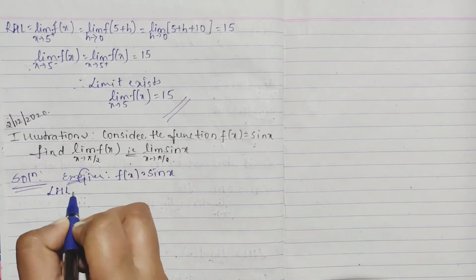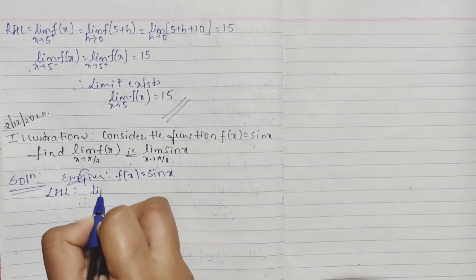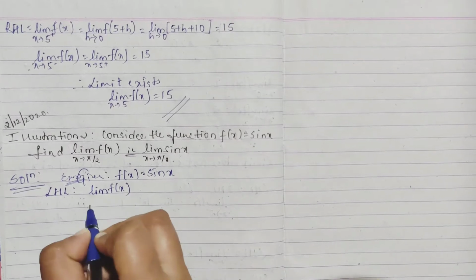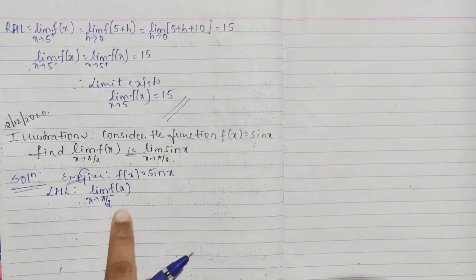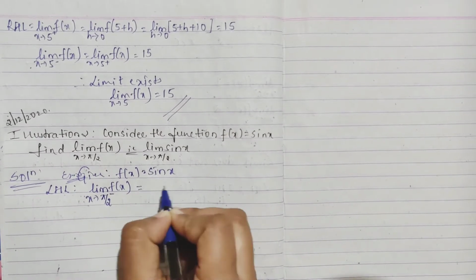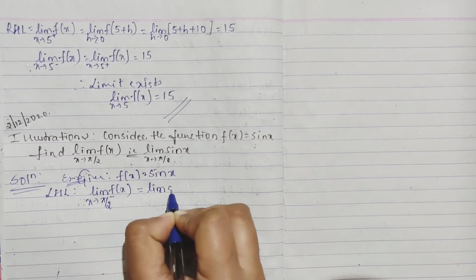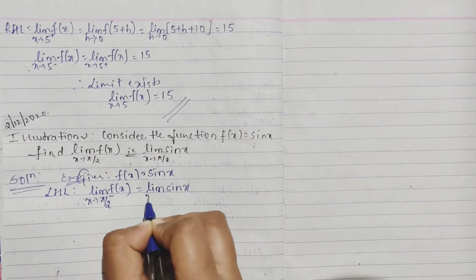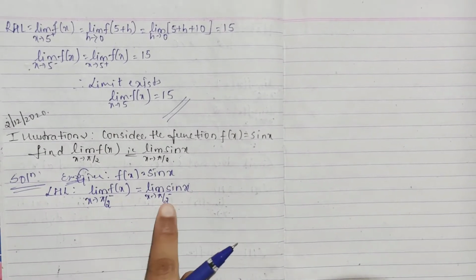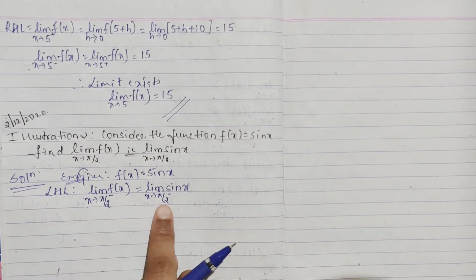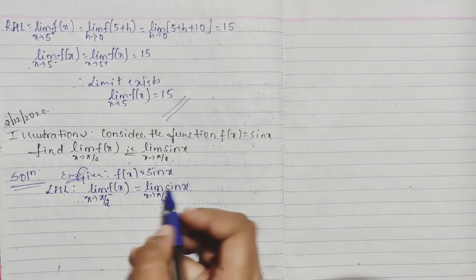So first for LHL, limit f of x as x tends to pi by 2 minus. Limit f of x is nothing but sin x. Now I am taking it stepwise so that you understand. As x tends to pi by 2 minus, x is replaced by pi by 2 minus h, because it is LHL.